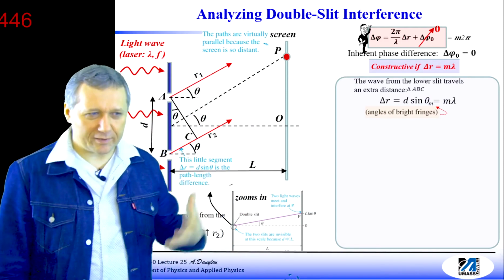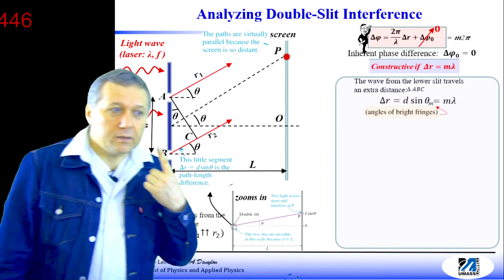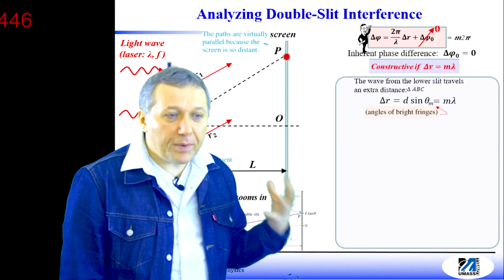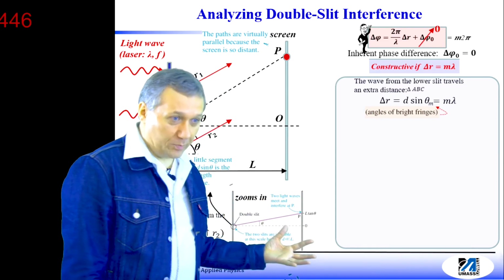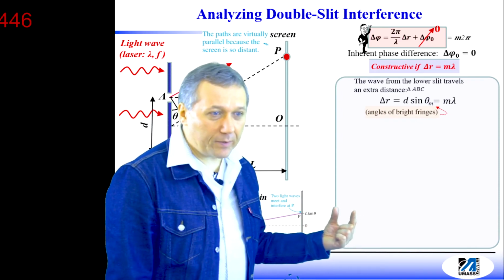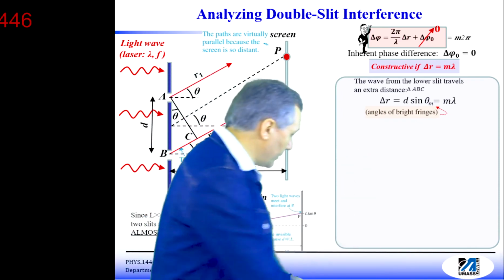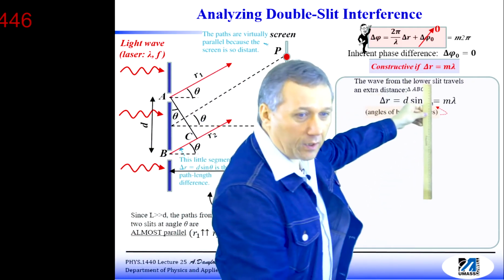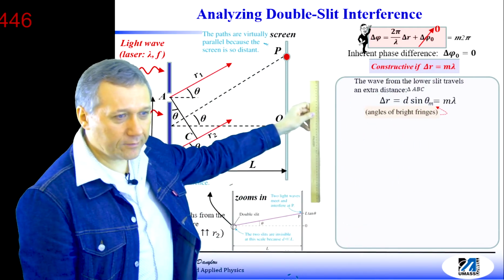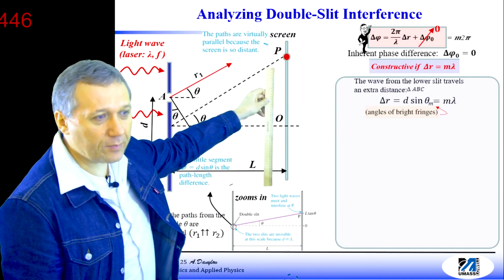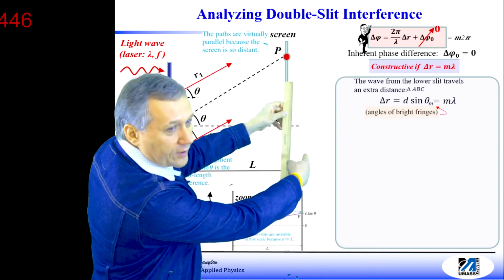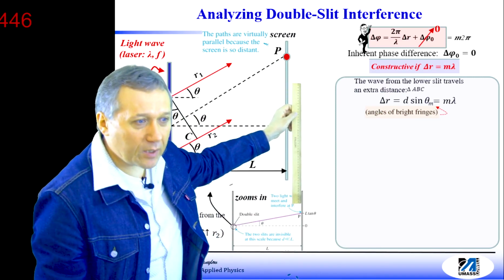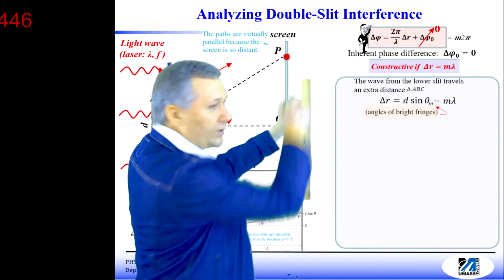Again, I wouldn't like it, because it's not very convenient to measure angles. It's much better to measure, for example, distances. You can just grab a ruler, position it next to the screen, and measure, for example, the distance from the center of the screen to the point where bright spot number 2 is, or bright spot number 3 is.